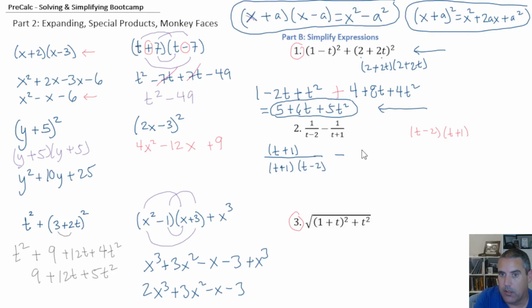And I'm going to do the second one. Multiply top and bottom this time by t minus 2. And that makes the bottoms the same. Now I have a common denominator. If you have a common denominator, then you can just add the tops. So t plus 1 minus t minus 2.